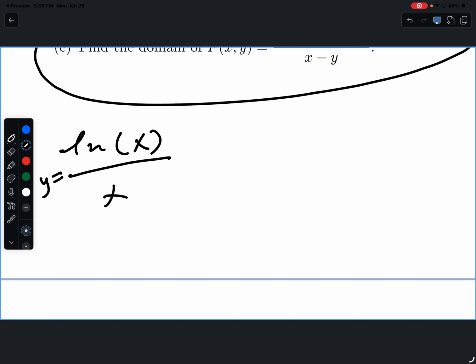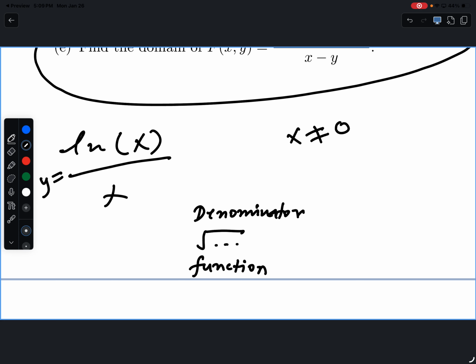Can I put x is equal to 0 here? What's the reason? Divide, okay. So there are a few common things. You always look at what is in the denominator. You always look at what is in the square root. And you always look at the functions. Three things. So the denominator should not be 0.